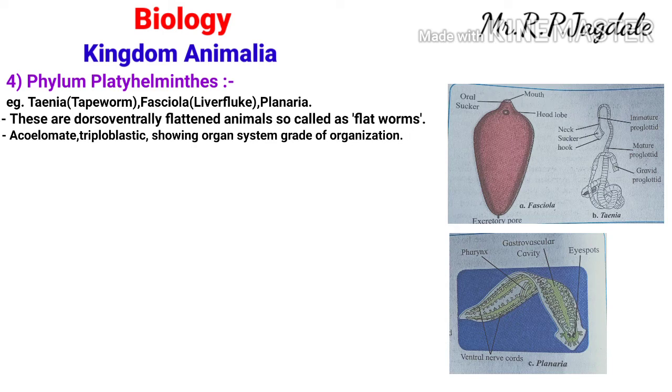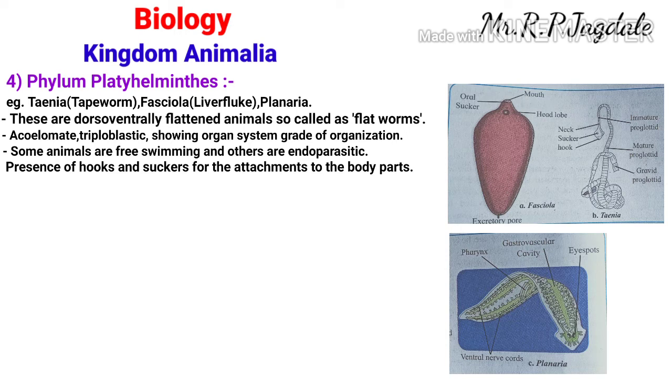Some of the animals of the phylum Platyhelminthes are free swimming and others are endoparasitic. As they are endoparasitic, hooks and suckers are present for attachment to the body of the host, because we know that parasites, either endo or ectoparasites, depend on their host.